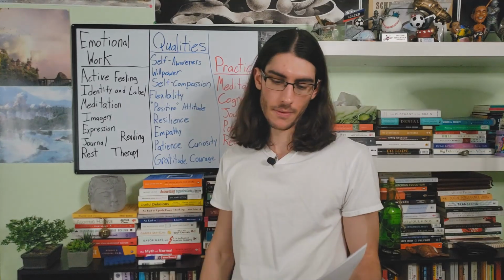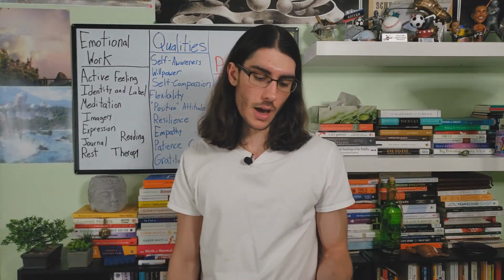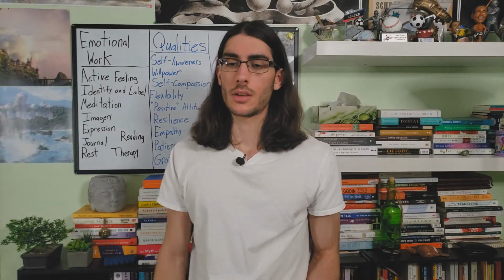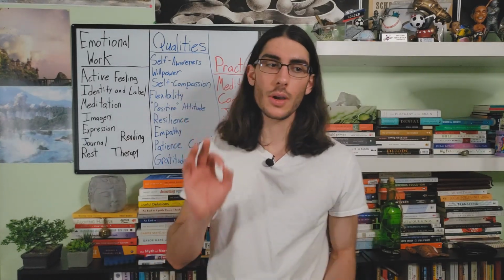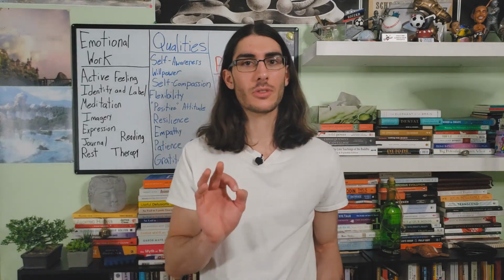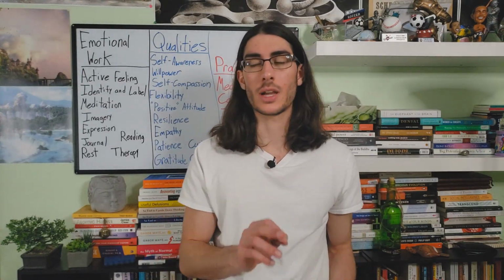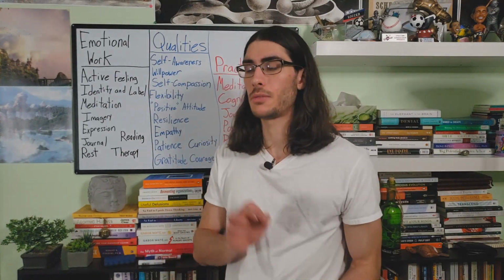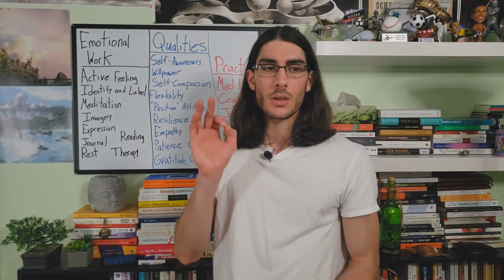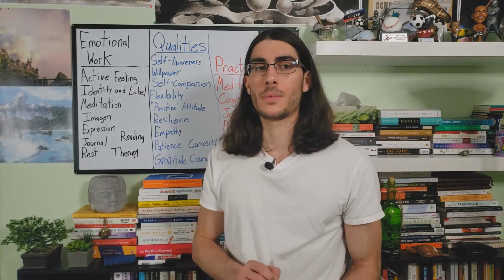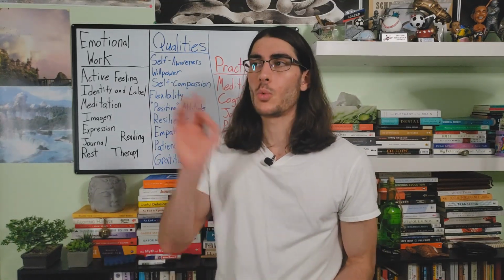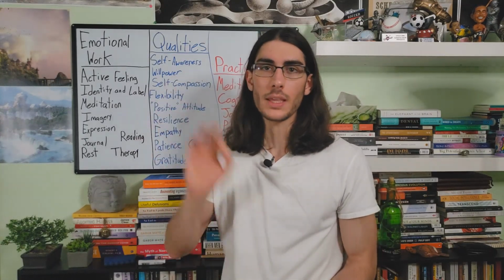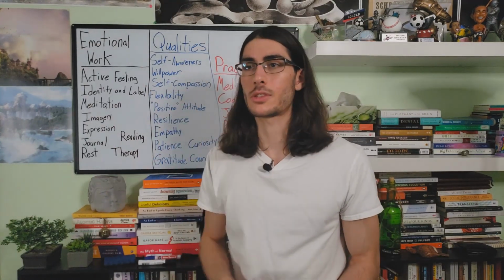A very necessary part of changing negative thought patterns is honesty. You are going to have to be very clear to yourself. I have a playlist on honesty. You might want to check that out. But you're going to have to be very clear to yourself about what you're feeling, what you're doing about it, whether you're avoiding it, whether you distract yourself from it and what you do to distract yourself from it.